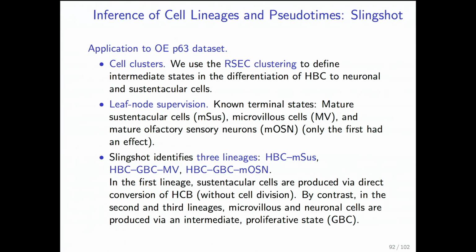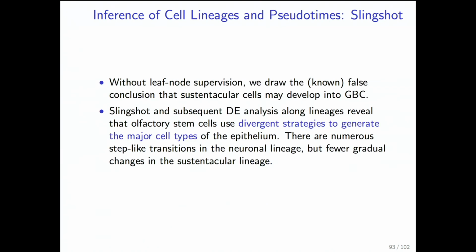We applied generalized additive models, and we found that there were very different processes for the differentiation of HBCs into sustentacular cells and the differentiation of HBCs into neurons. For sustentacular cells, the process was via direct conversion of HBCs without cell division. But in contrast, for the neurons, there was the intermediate stage of GBC and much more marked changes in the differentiation.